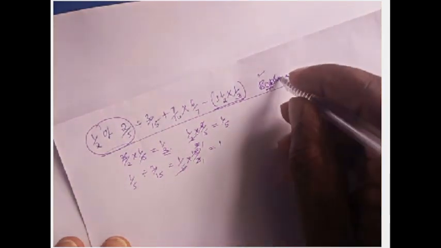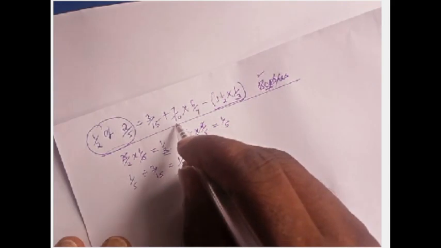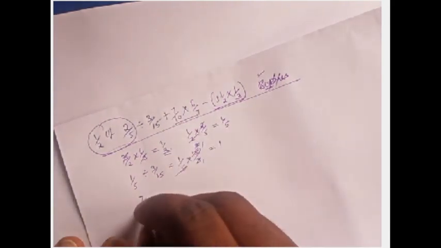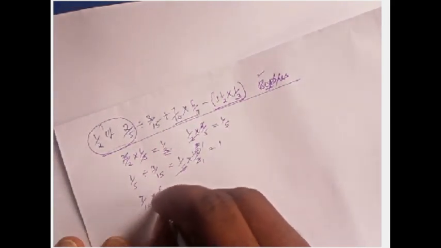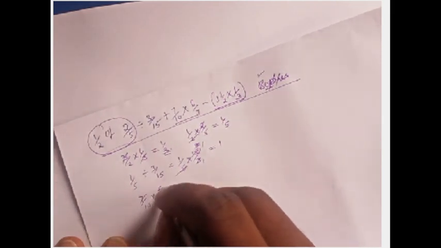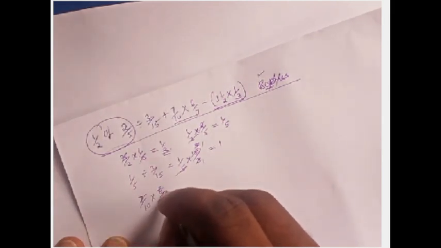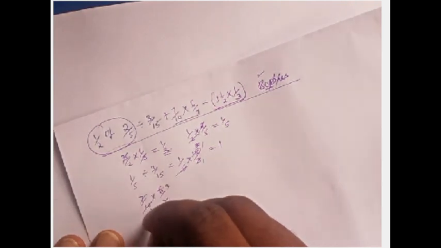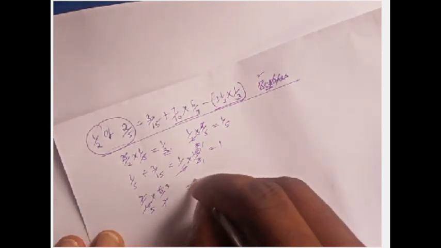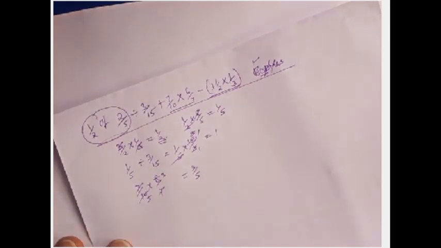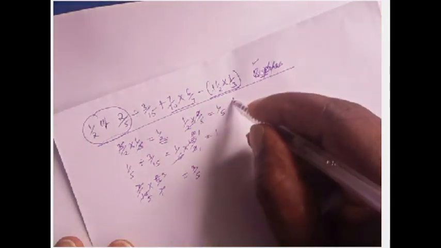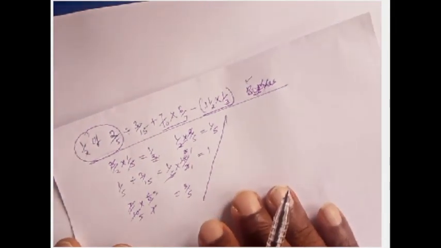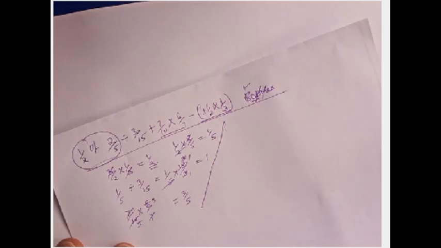Then we have multiplication. We are multiplying the two values, 7 over 10 times 6 over 7. 7 by 7 is 1, and 2 by 2 is 1, so we have 3 over 5. After we have dealt with the major operations, now we can combine the two, so that our expression will take shape.